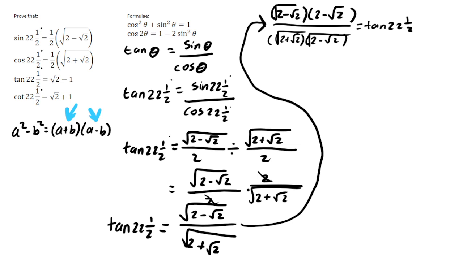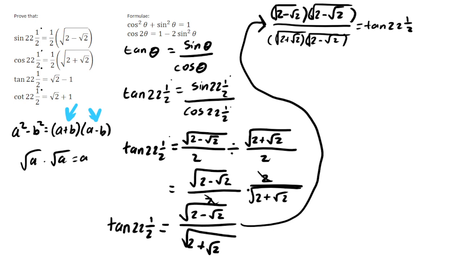And when we simplify both the numerator and the denominator, obviously the numerator, it's the square root of the same thing being multiplied against each other. It's like square root of a multiplied by square root of a equals a, right?